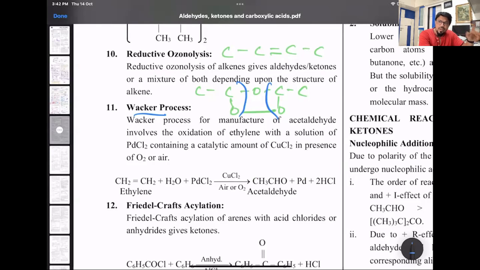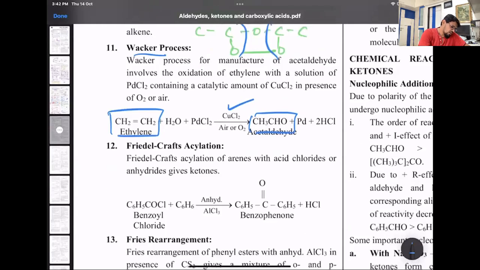Electrons are utilized from both the valence shell as well as the penultimate shell, so the main catalysts are the D block elements. You have copper chloride, where copper is in +2. So ethene is converted to acetaldehyde in presence of CuCl2. This was one use of the catalyst in D block.